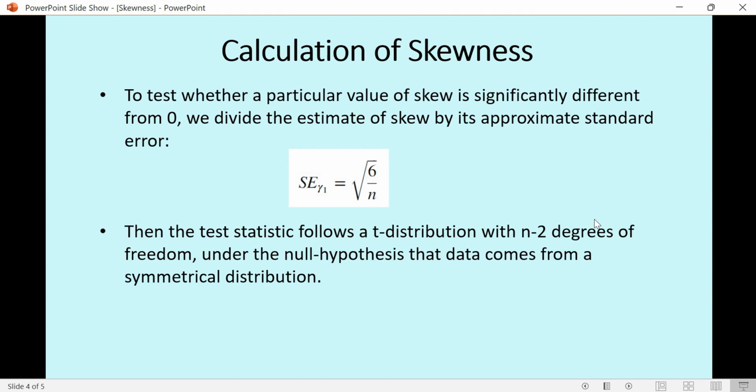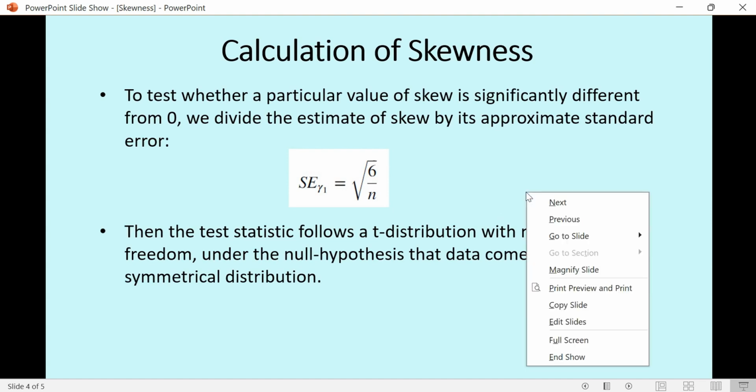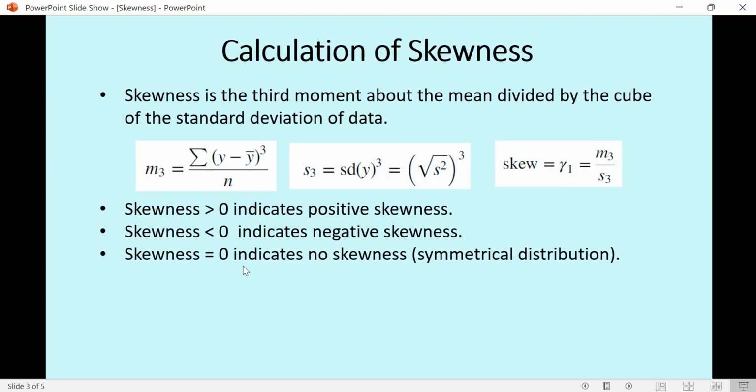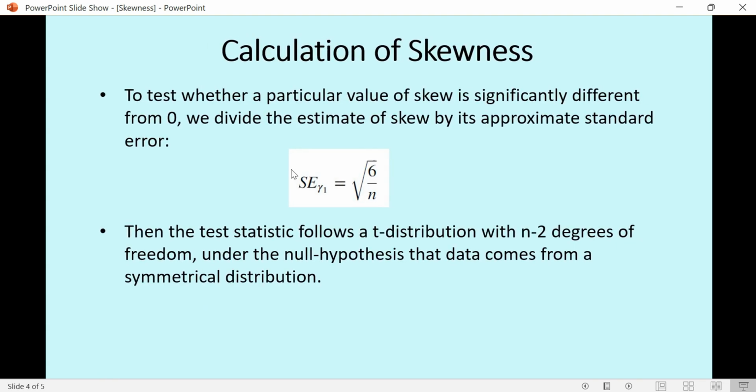But the value is not necessarily exactly 0 even when the data is symmetrical, because we have sample data, so there is some randomness. So we have to test, for example by hypothesis testing, whether the data has skewness or not.